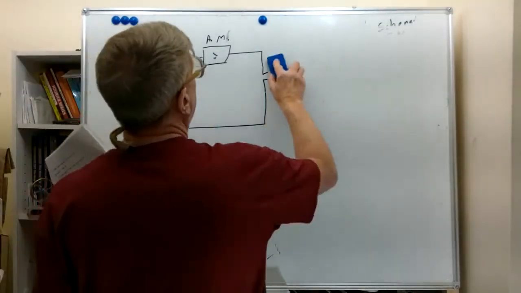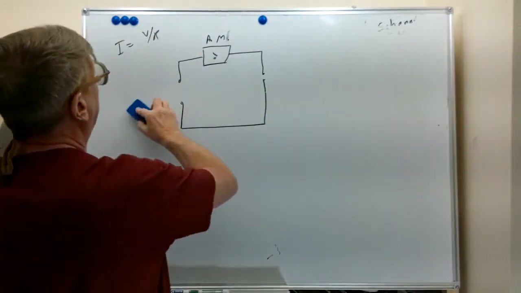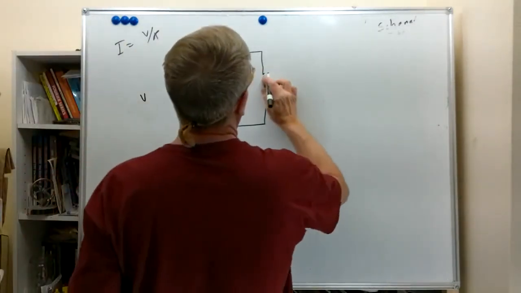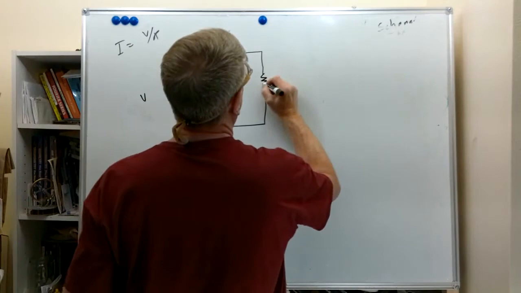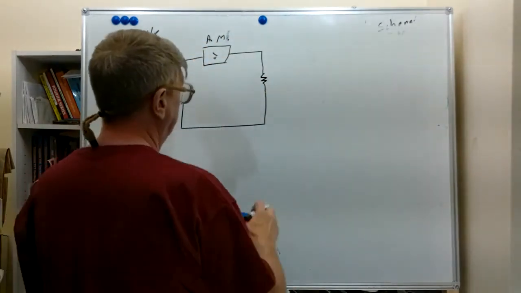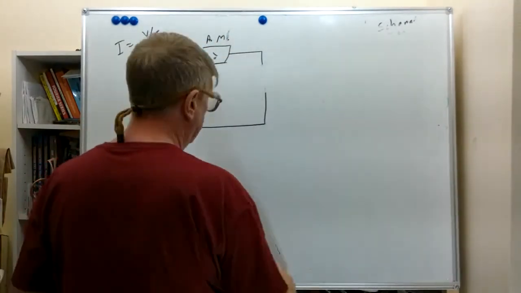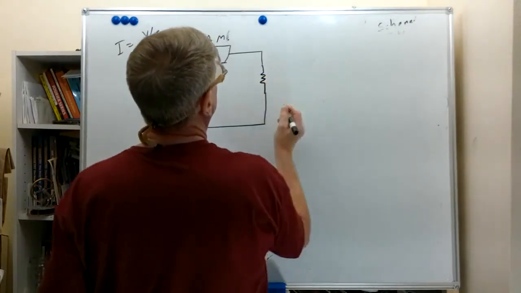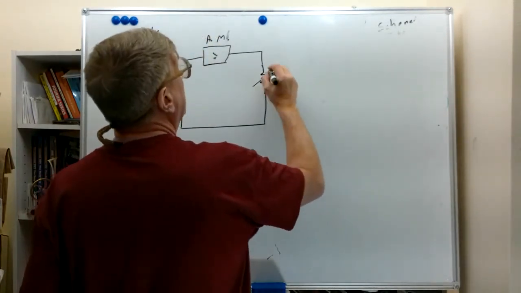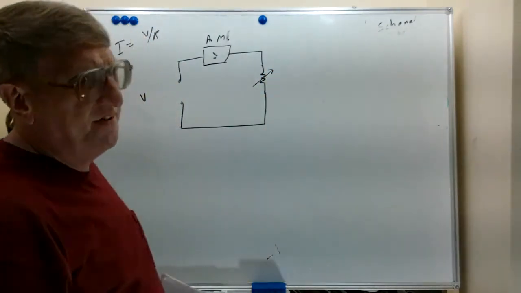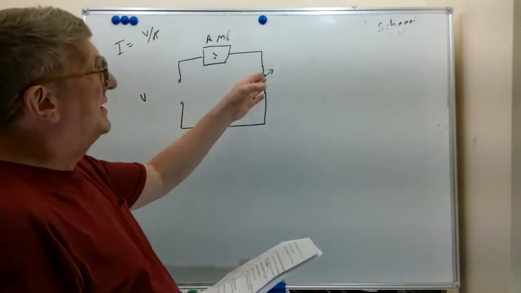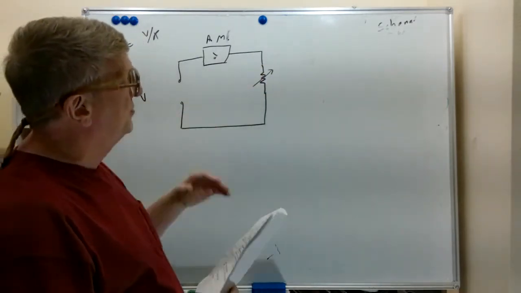Now we're going to think about what would happen if we had a fixed voltage here. I'm just going to put a V and some resistance which we can vary. I'm going to draw a line through that to indicate that the resistance can be varied. This is another way we can get a variable resistor, just with a line through it.